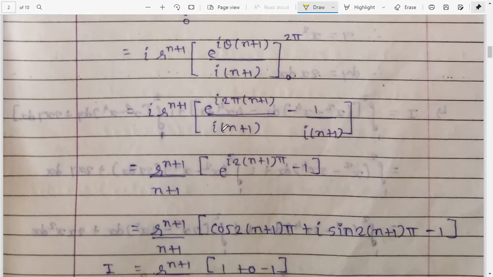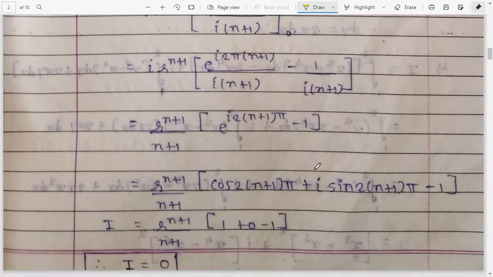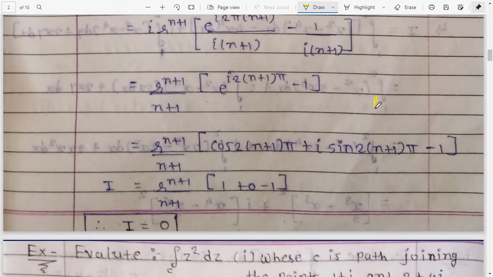So i into n plus 1 common out, e raised to i into 2 into n plus 1 pi minus 1. e raised to i theta can be written as cos theta plus iota sin theta. So taking this as theta, we get cos 2 into n plus 1 pi plus iota sin 2 into n plus 1 pi minus 1.